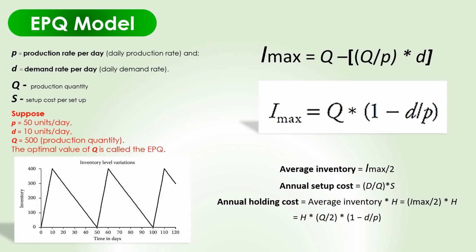And if we simplify this, then maximum inventory, or IMAX, is equal to Q times 1 minus D over P. Average inventory is given by IMAX over 2, and annual setup cost is given by D over Q times S. So to compute annual holding cost, it is equal to the average inventory times H, or the holding cost, and if we substitute the given formula, average inventory is equal to IMAX over 2 times H. And if we further simplify from the IMAX formula we have derived, then the final formula for the annual holding cost is equal to H times Q over 2 times 1 minus D over P.